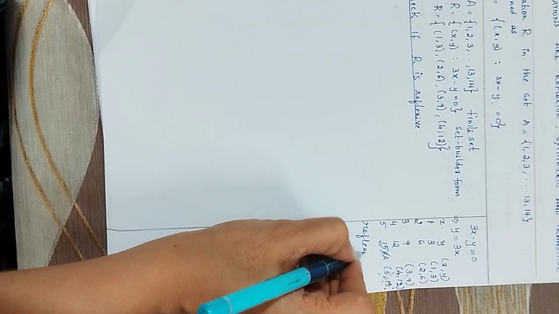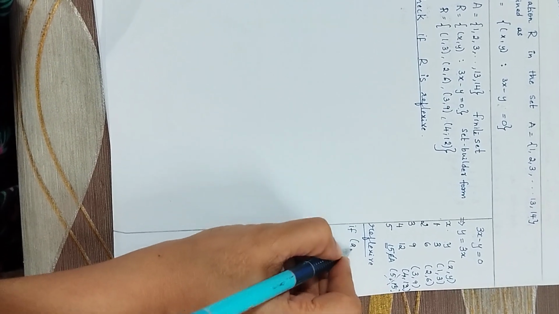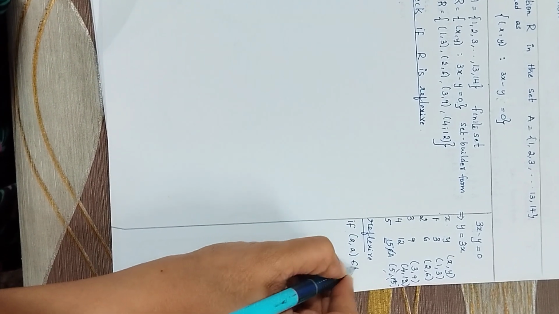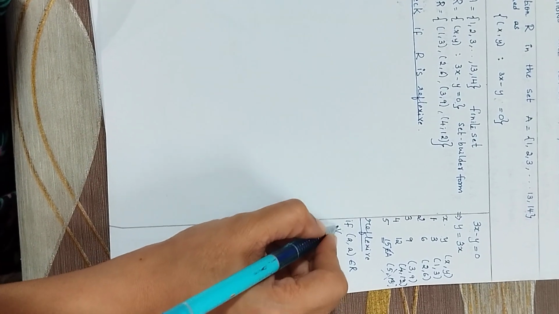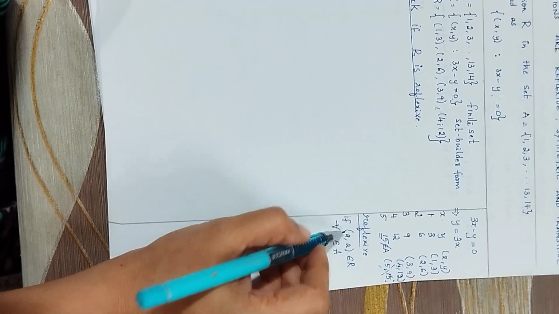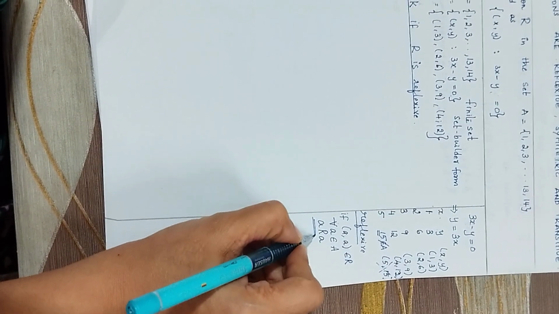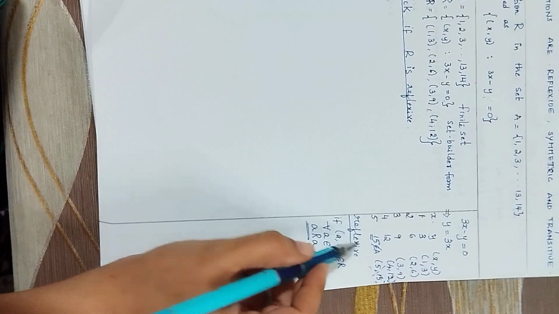For a relation to be reflexive, (a, a) belongs to R for all a belonging to the given set. So a must be related to itself. If this condition is satisfied, we call it reflexive.